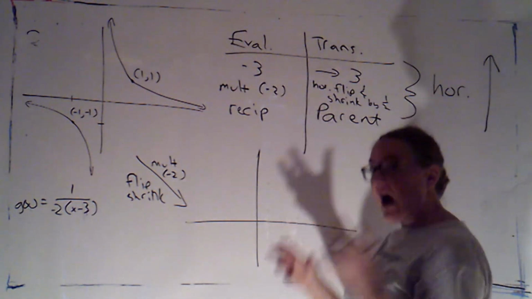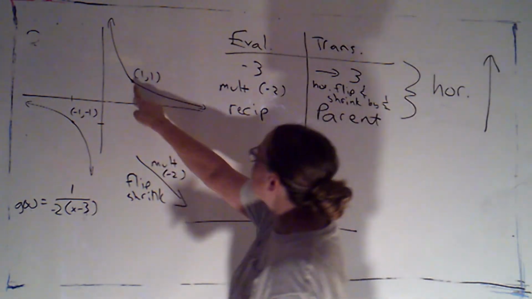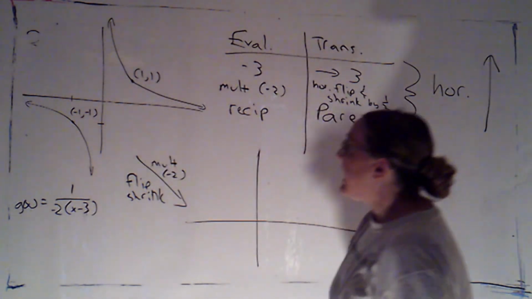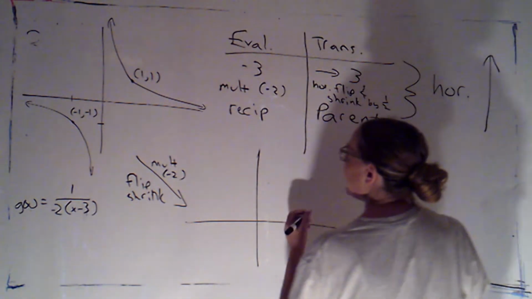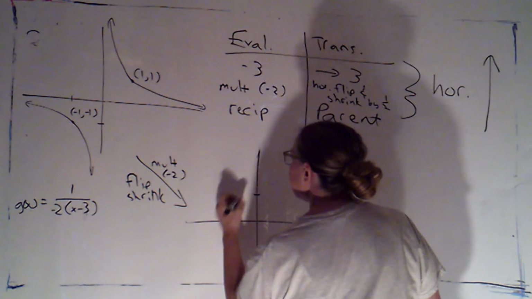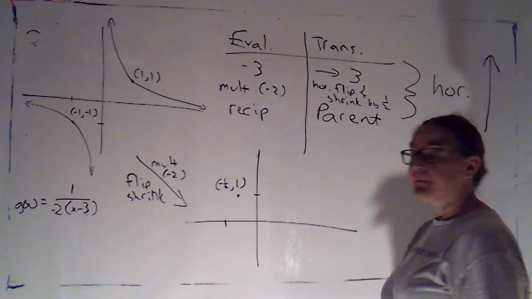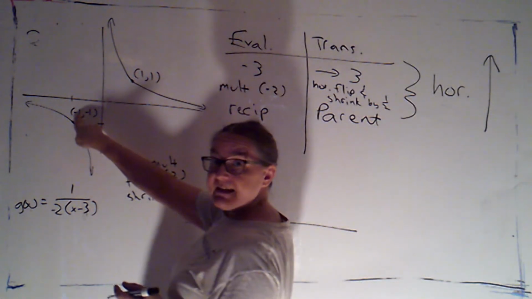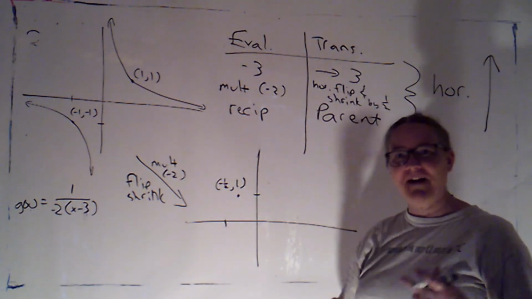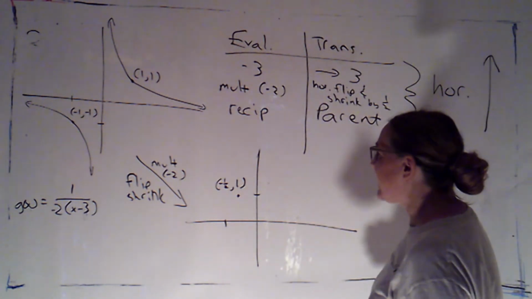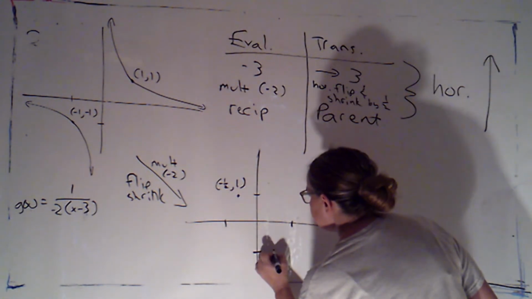So I'm always doing the opposite of what I'm doing in evaluating the function when I'm changing my x value. So if I take this 1 and I essentially divide by -2, or multiply by -1/2, that's going to become -1/2, and the y value is still at 1. Similarly here, if I take this x value and I do the opposite of multiplying by -2, so I divide by -2, that's going to make that +1/2, and the y value is still at -1.